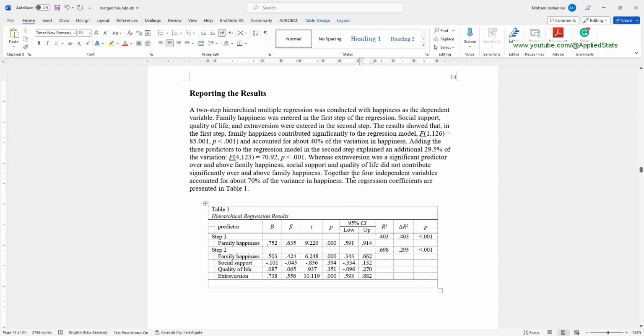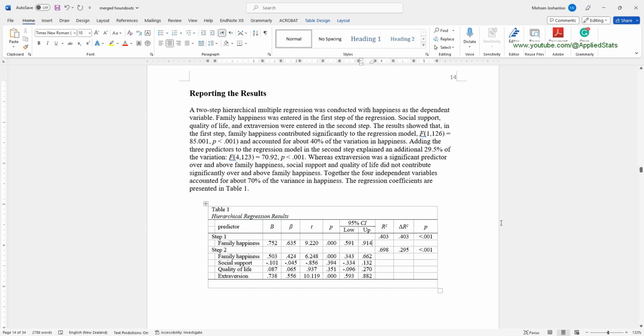And then you report the R-square of your second regression, which is about 70%. And finally, you need a table where you report your regression coefficients. This part of the table is reporting regression coefficients. And this part is reporting R-square and R-square change for step 1 and step 2, for the first regression and the second regression, including p-values. So this is one way to report your hierarchical regressions.